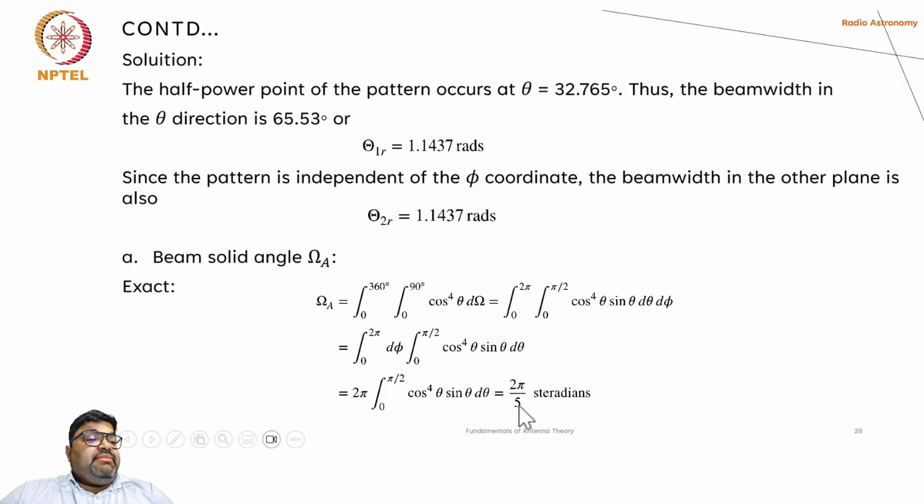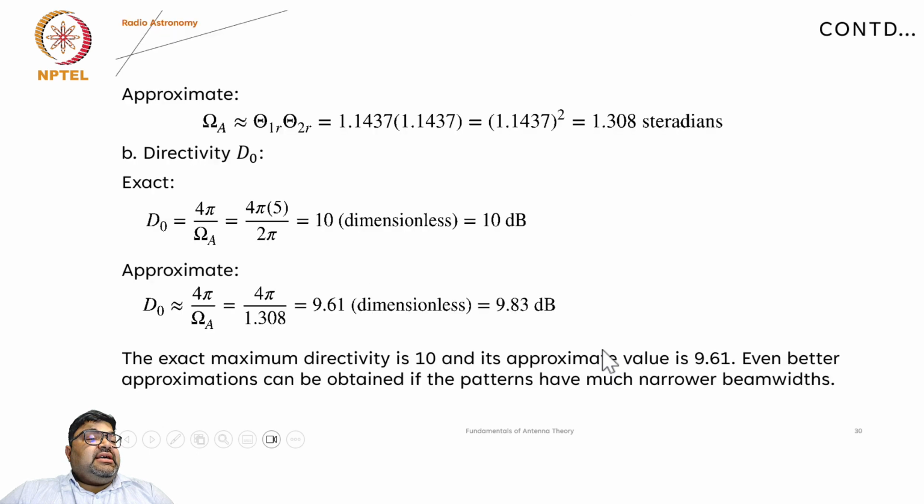So 2 pi by 5 steradians and 1.308 steradians. Directivity is 4 pi by omega A, which is 10 dB, and the approximate is 9.83 dB. So the exact maximum directivity is 10 and the approximate value is 9.83 dB.